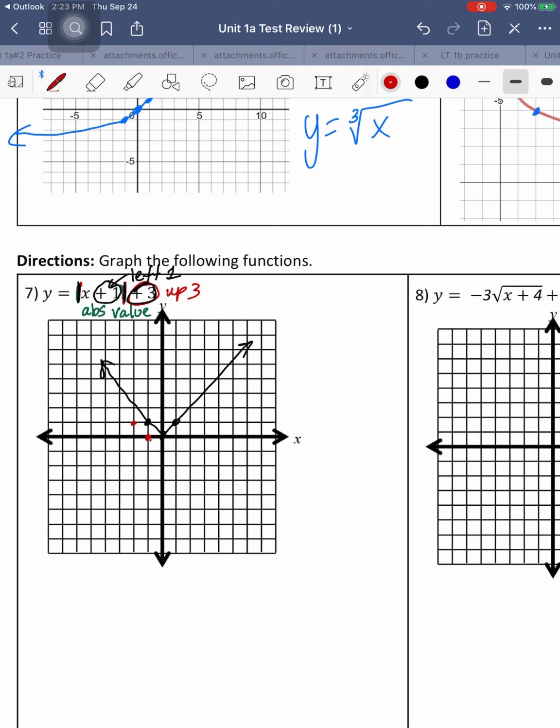So left 1 on all the points, and then up 3 on all the points. So 1, 2, 3. 1, 2, 3. 1, 2, 3. And draw the V. So that's your answer.